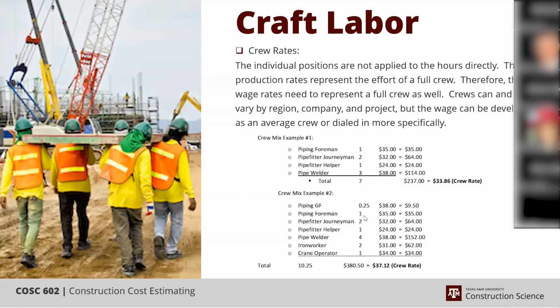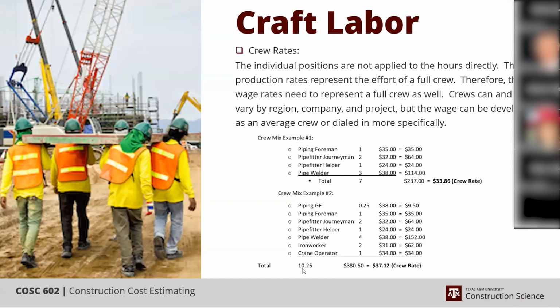So if you have this mix of people here, and they're each making this individual salary, which you have to go research, if you multiply that out, the total ends up being 38,050. Divide that by however many people. Divide your 38,050 by 10.25, and you get an average of 3712, which represents the average of all these together.